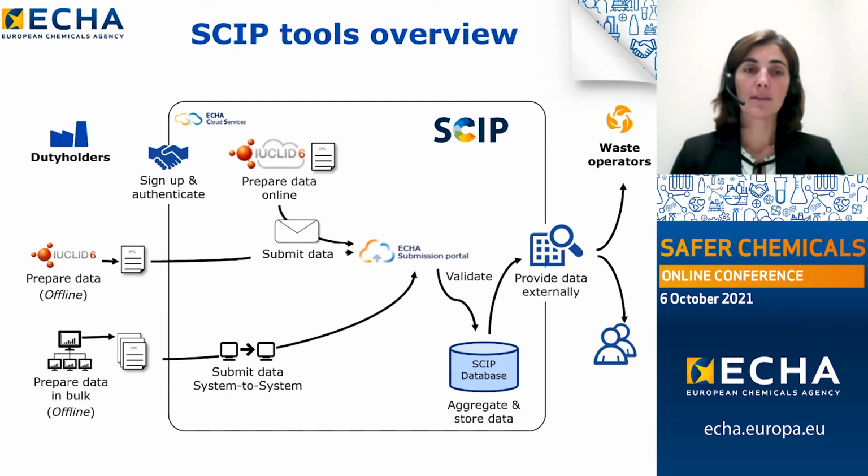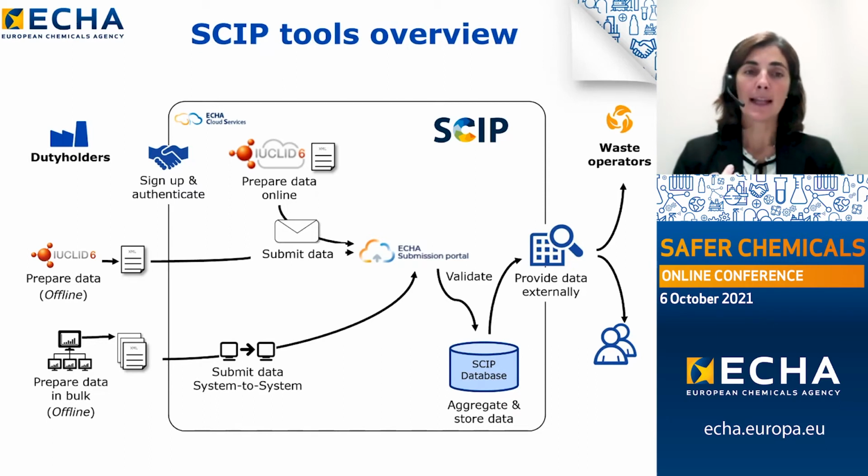Of course, we have also put in place a third option to submit information to SCIP. In this third option, companies can use their own IT systems, their own IT programs, to build these SCIP notification dossiers following the harmonized format that ECHA has defined.